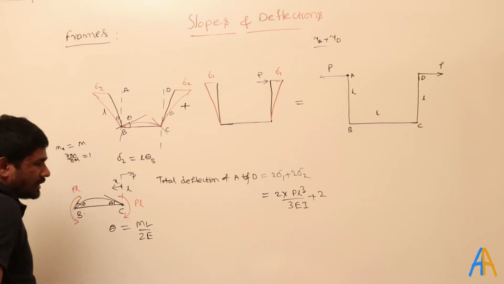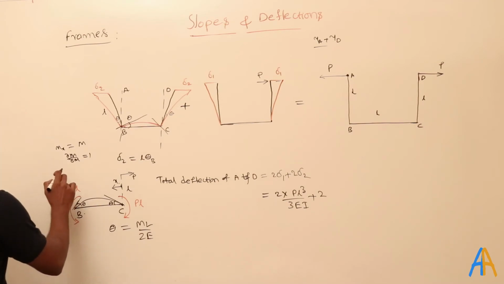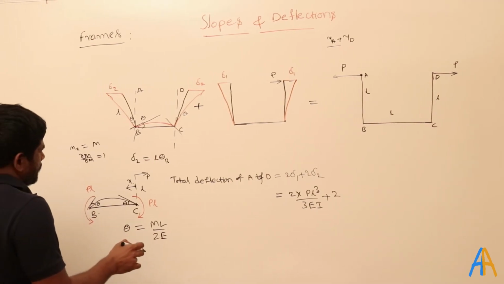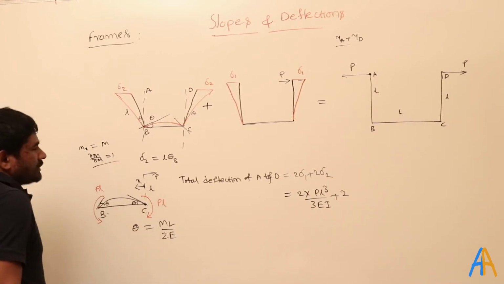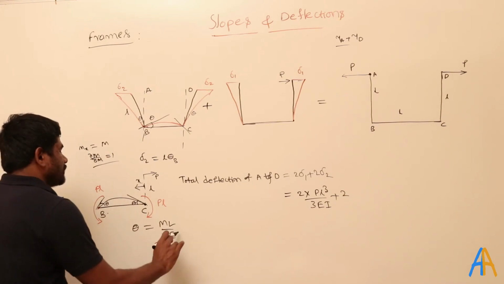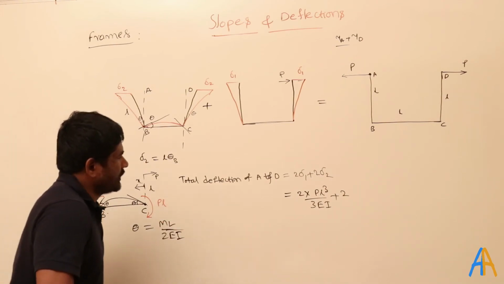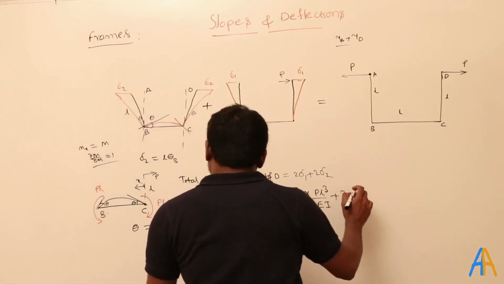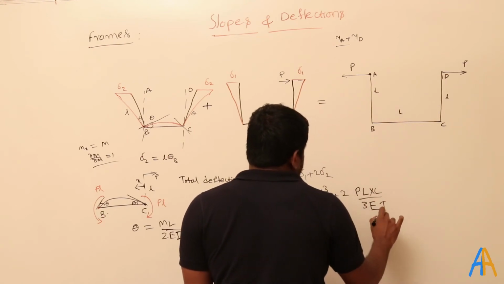If I substitute this value into the deflection formula, then you can find out this value. You try that as a separate problem. Then it will become 2M, which is PL, so 2PL into L divided by 3EI.